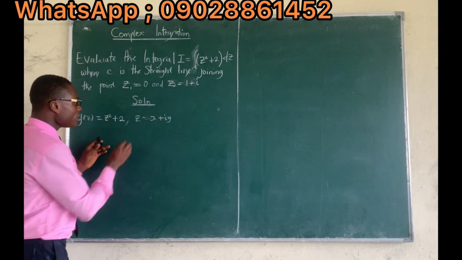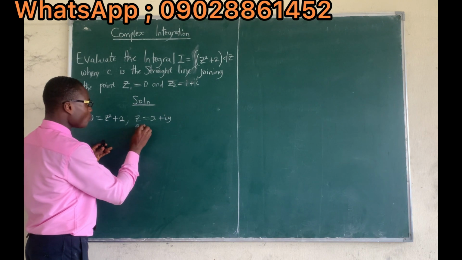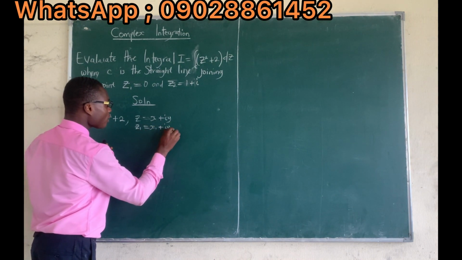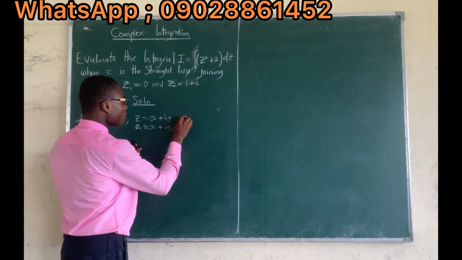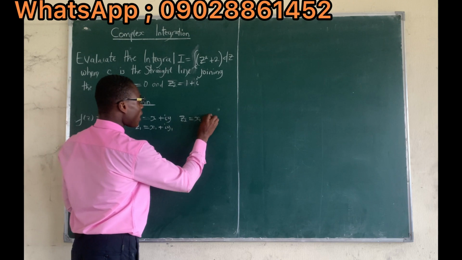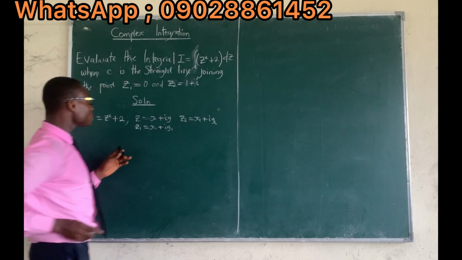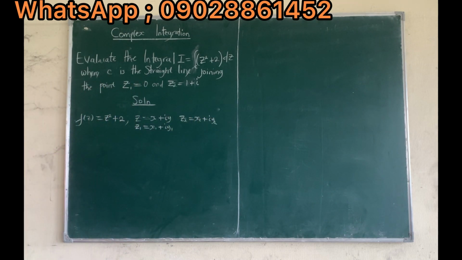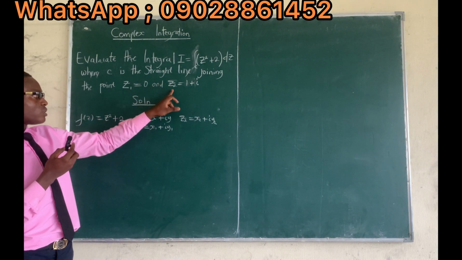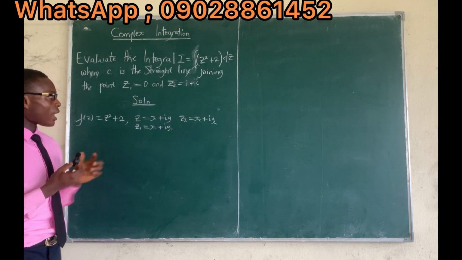If that is true, it means that z1 will be equal to x1 plus iy1 and z2 will be equal to x2 plus iy2. But they give us two points, z1 equal to 0 and z2 equal to 1 plus i.